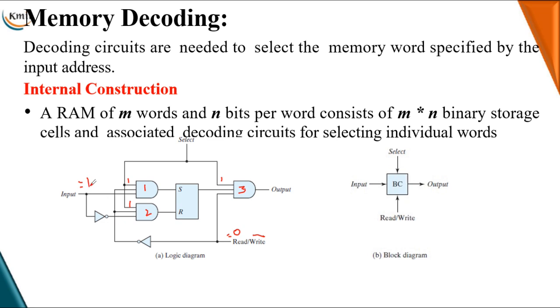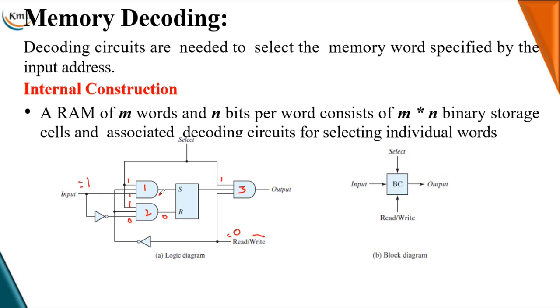This data input is applied as one of the inputs of the first AND gate, and the complemented data input is applied onto the second AND gate. Since I gave 1, the complemented input is 0, so the second AND gate will give you the output 0.